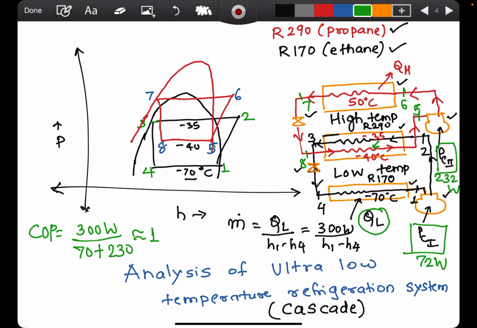And the second thing you need to understand is we are doing an energy balance for this cascade heat exchanger, where the energy which is rejected by the condenser handling ethane is absorbed by the energy taken in by the evaporator of the high temperature loop handling propane.